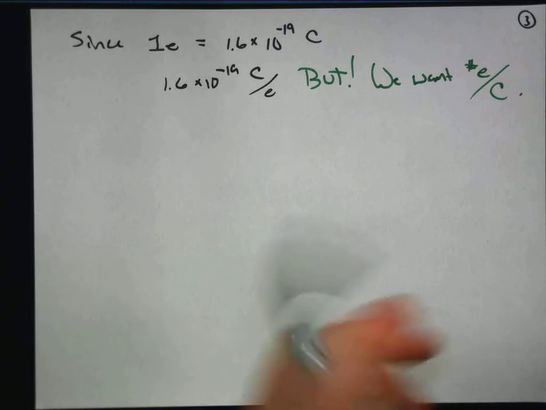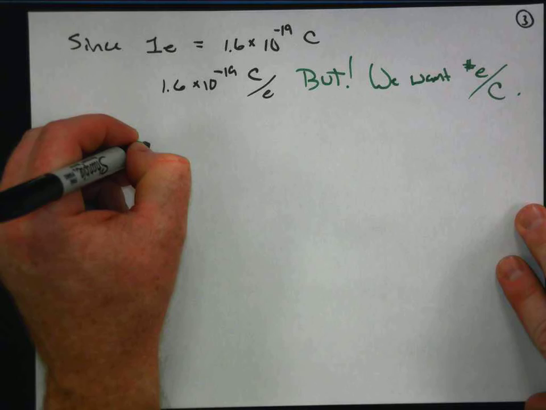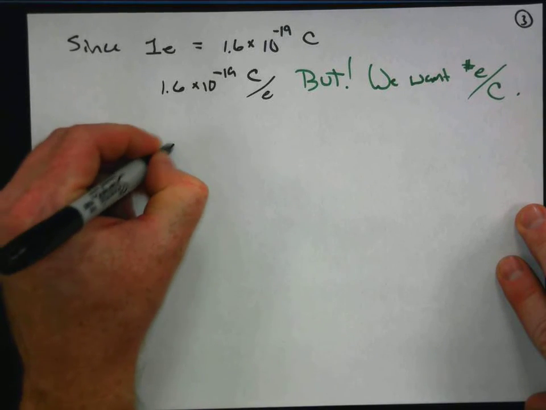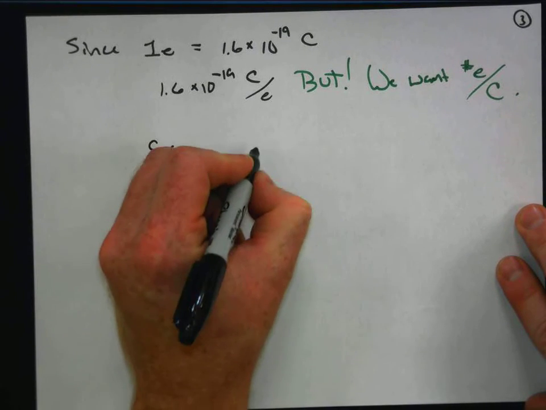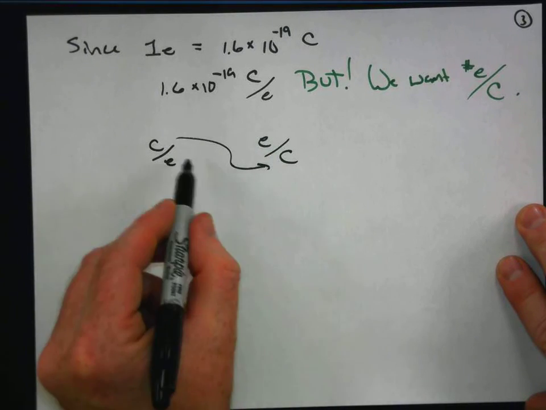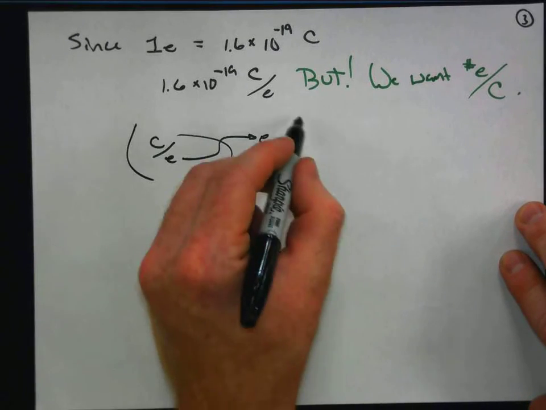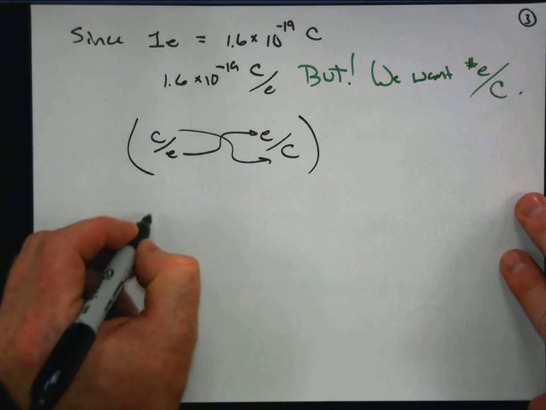So let's take the inverse. All we have to do is look at this number and take the inverse. So when we do that, we start with coulombs per electron, and we're going to take the inverse and end up with electrons per coulomb. So basically, invert everything, right? Now, what about the number? We're going to invert the number.